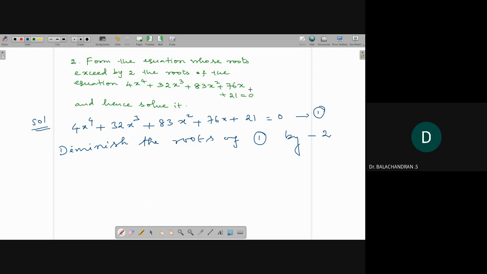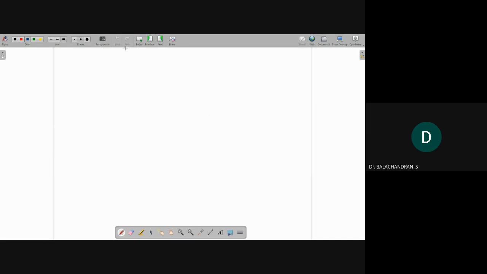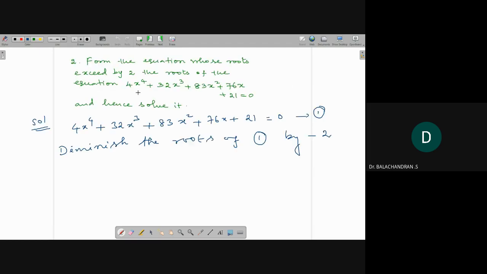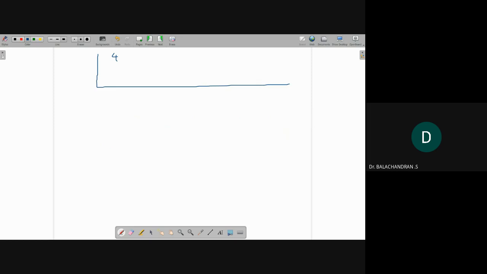I don't have enough space, I will go to the next page. So please tell, first row is what? 4, 32, 83, 76, 21.